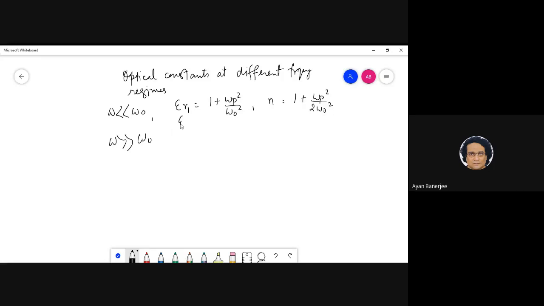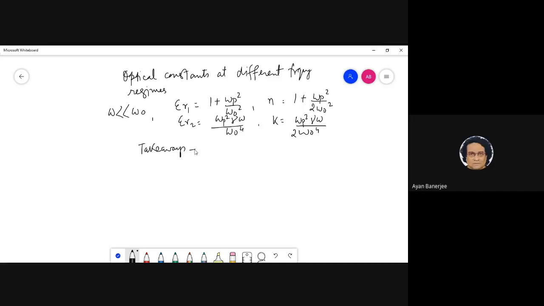Then this one is omega p square gamma omega by omega 0 to the power 4, and your k is the same, omega p square gamma omega over omega 0 to the power 4. One thing you can clearly see here is as you go towards small omega, this one. So yeah, very interesting. What are the takeaways? There is a half factor in the case.